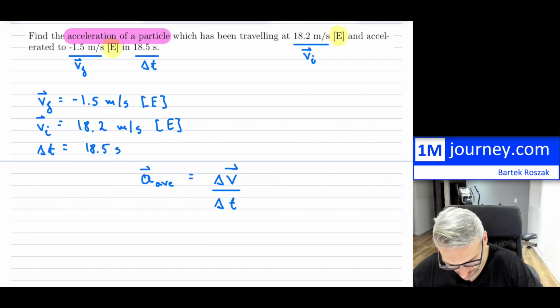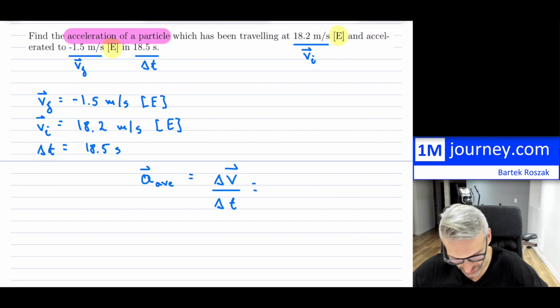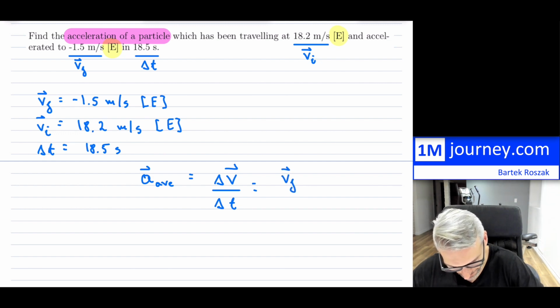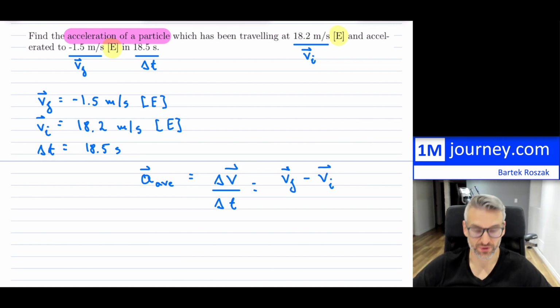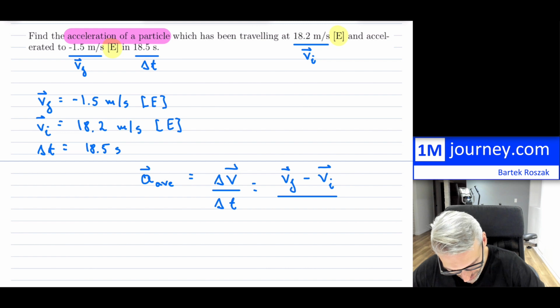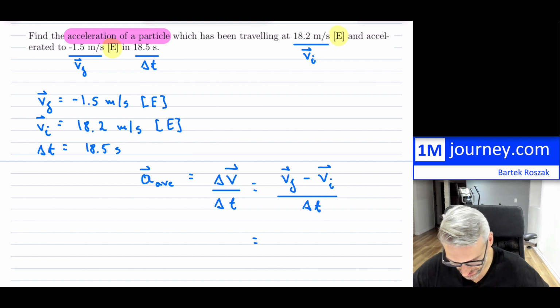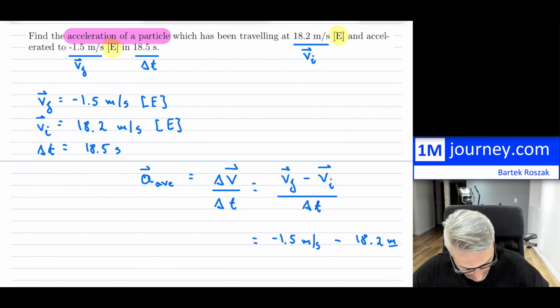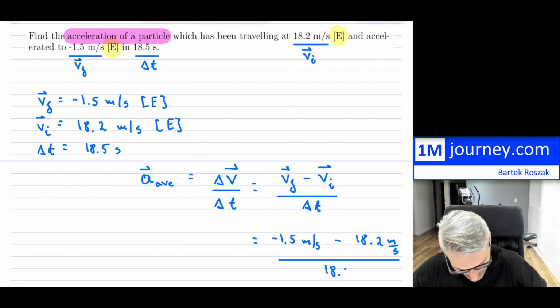Now that you have all of this, you can plug it all back in. This is going to be VF minus VI, that's your delta V, divided by your delta T. So if I substitute everything back in, negative 1.5 meters per second minus 18.2, which is also meters per second, all over delta T, which is 18.5 seconds.